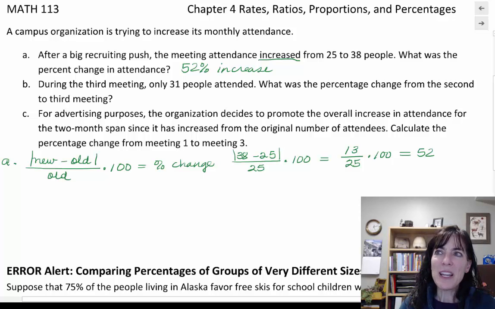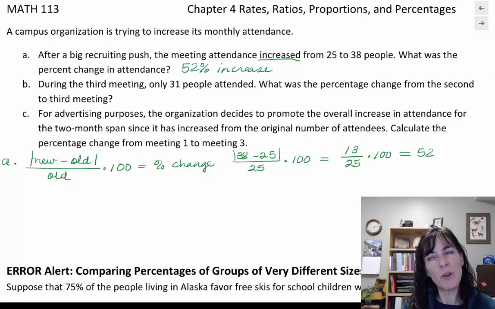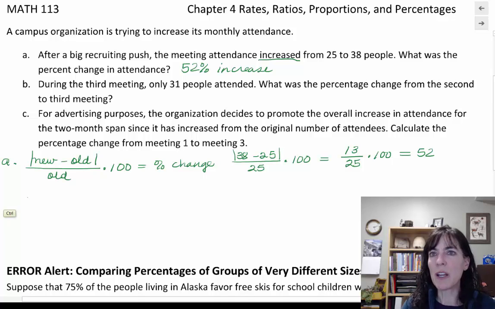And you can see that 13 people increase is a little over half of 25 people that they started with. So it's a little over half of 50%. So that's a good double check.